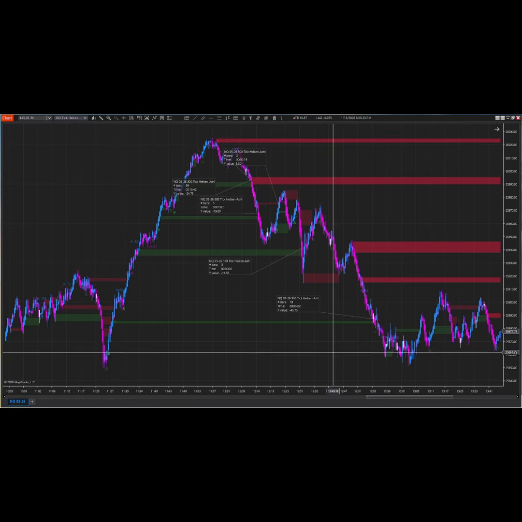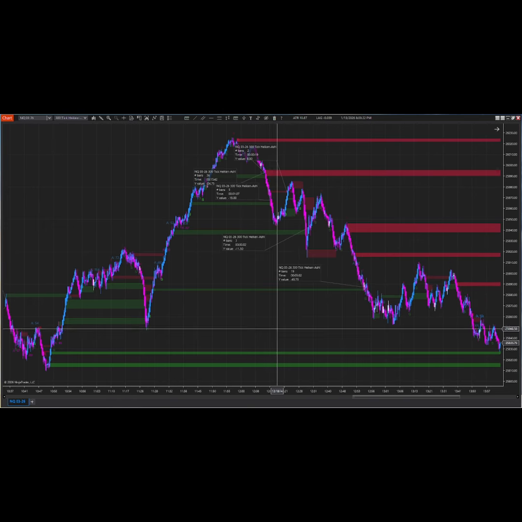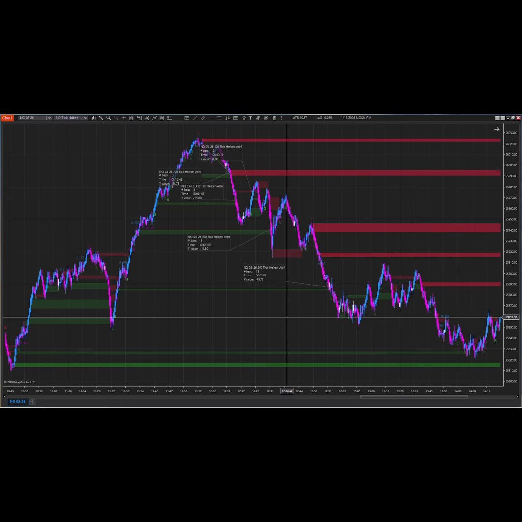Okay. Now you can see there's no other indicators, no EMAs, no utilizing any other side of support or resistance, no VWAP, no nothing. It's just utilizing this as support and resistance for getting you in, getting you out, and watching the auction.